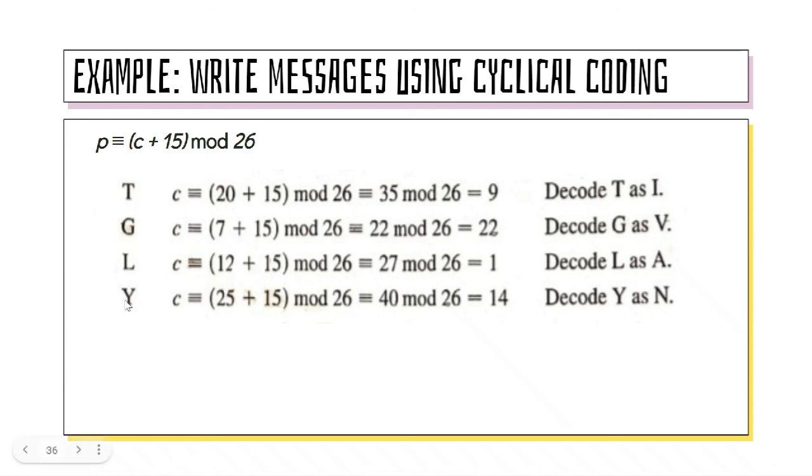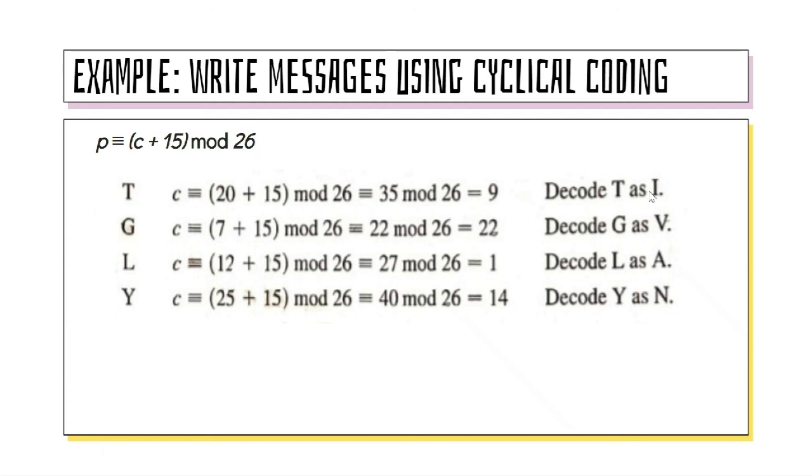And then for the letter Y, since Y is the 25th letter, then what C represents is equal to 25 plus 15, 40, mod 26. 40 divided by 26 is 1, and then the remainder is 14. So decoding Y, the 14th letter is N. So TGLY can be decoded as Ivan.